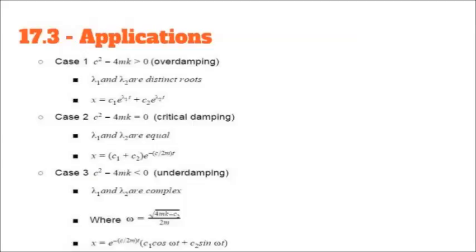And the solution we will get, instead of using the imaginary number, is x equal to e to the power of negative c over 2m times t, times c1 cosine omega t plus c2 sine omega t.